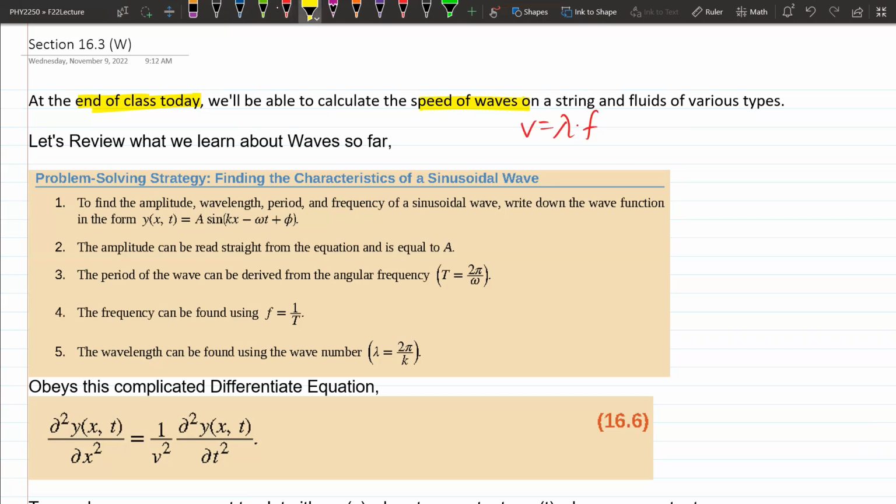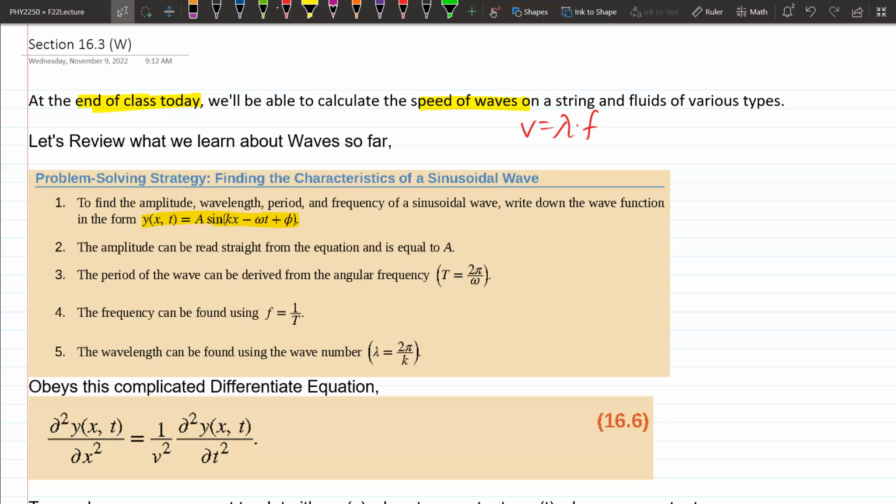Just to remind you, to describe a wave is this sine function where you have some amplitude, and then this thing k, which is 2 pi divided by the wavelength, known as the wave number, okay? And then omega is the angular velocity.